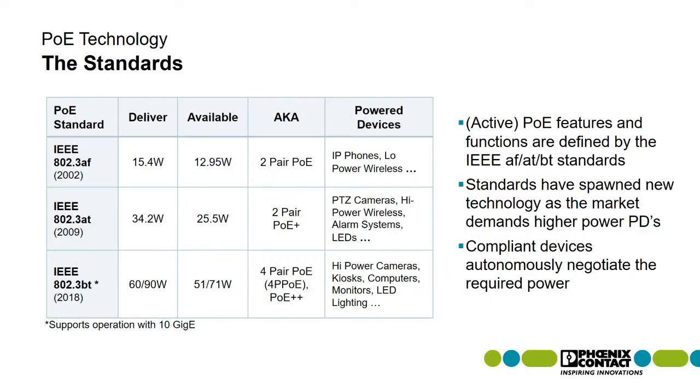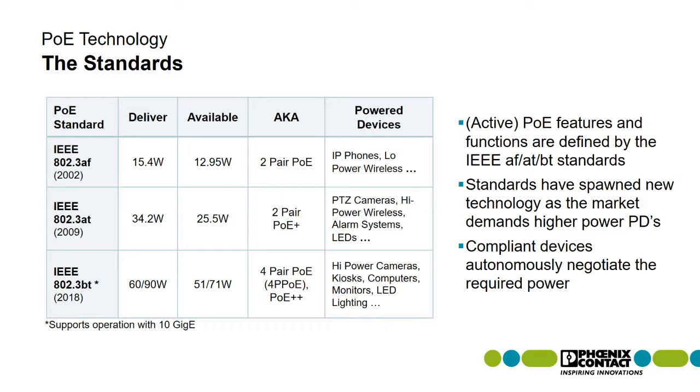If we take a look at the standards, this is the next thing to look at. We can see right away, by looking at the 802.3af standard, that power over Ethernet has been around for quite some time. There's a popular misconception that power over Ethernet has just been a recent development, but it has been around quite a while.